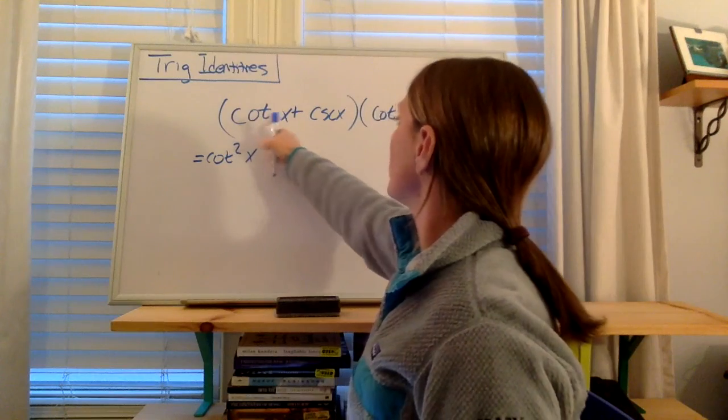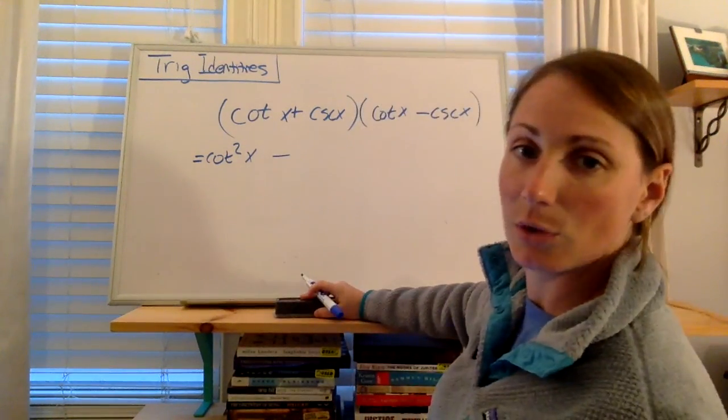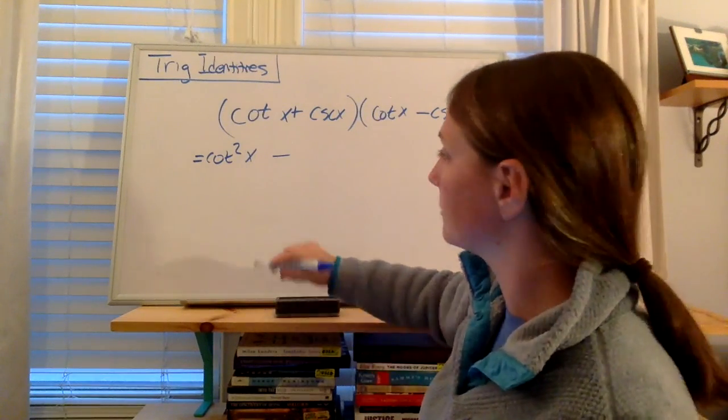Sorry, the pattern is a plus b times a minus b, so the result is just cotan squared minus cosecant squared. That's the shortcut.